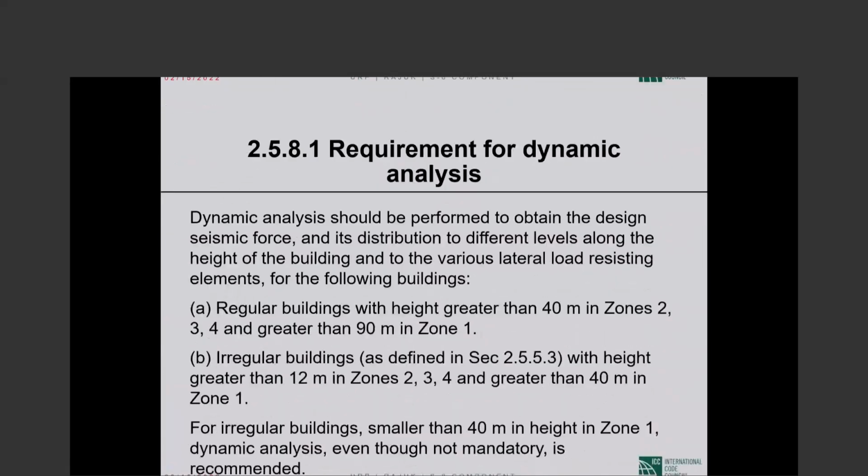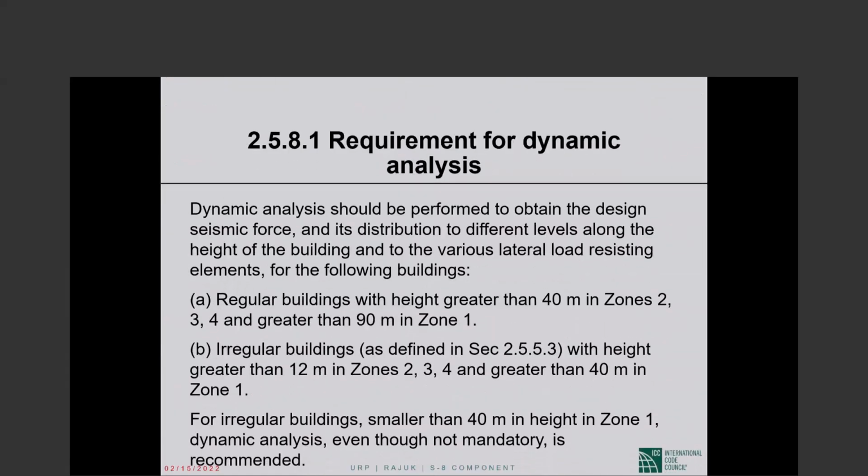That is just a description, if you like. So earlier slide said equivalent lateral force procedure can be used only under certain conditions. This section 2.5.8.1 gives us requirements for dynamic analysis.